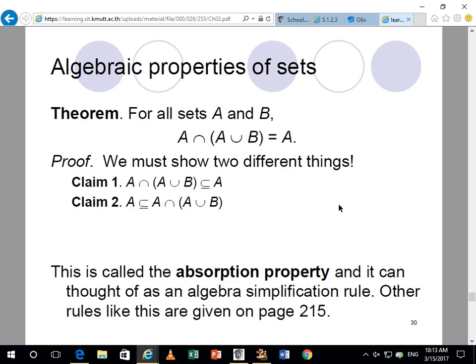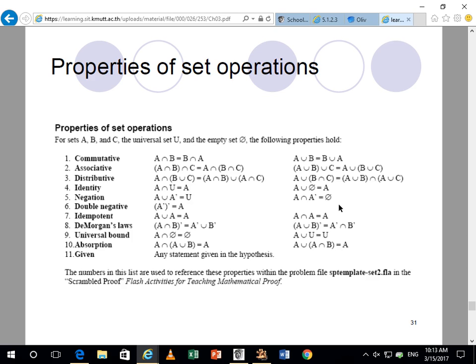Other ones are here. We have commutative. That shows that A intersect B same as B intersect A. And similarly for union. Associative. So it doesn't matter what you put a bracket here or you put a bracket there. It's actually the same.